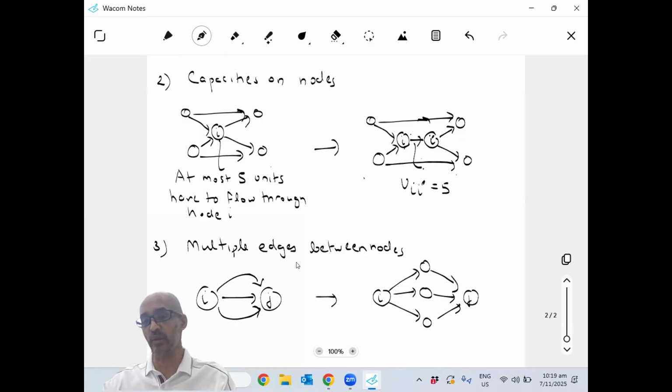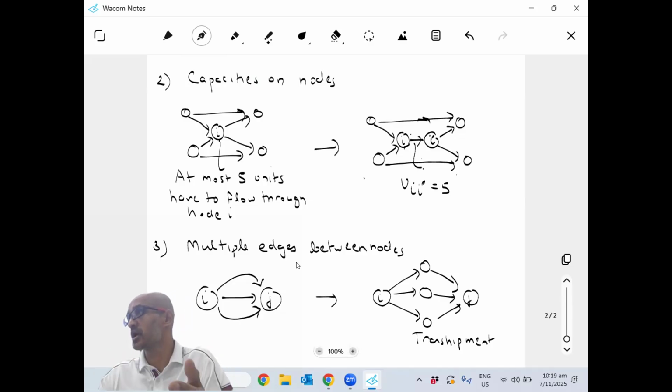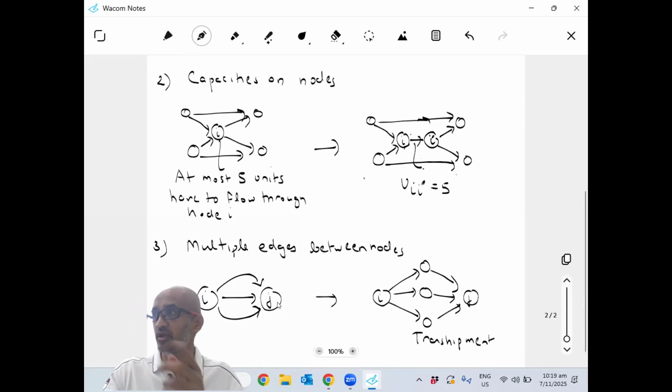Any capacity here can be made a capacity here. This is a transshipment node, so there will be no external flow here. So dealing with multiple edges between nodes is not particularly hard. Any questions?